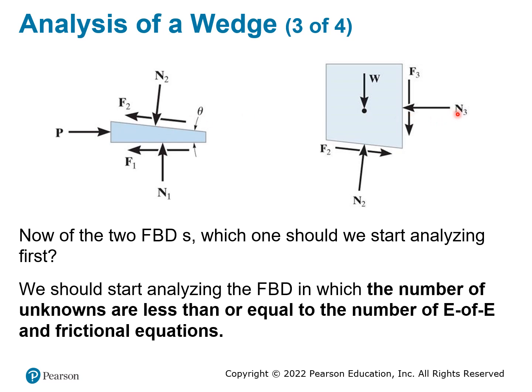And how many unknowns do you have? On this one, you have 1, 2, 3, 4, 5. On this one, you have 1, 2, 3, 4, 5 as well. Now M2 and N2 are the same over here. F2 and F2, they are the same as well. So take out 2 of them.